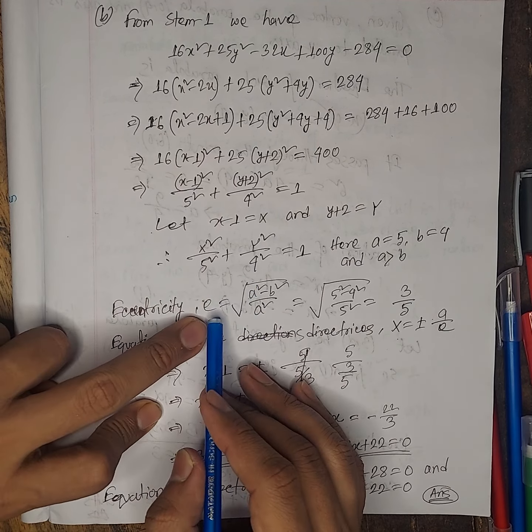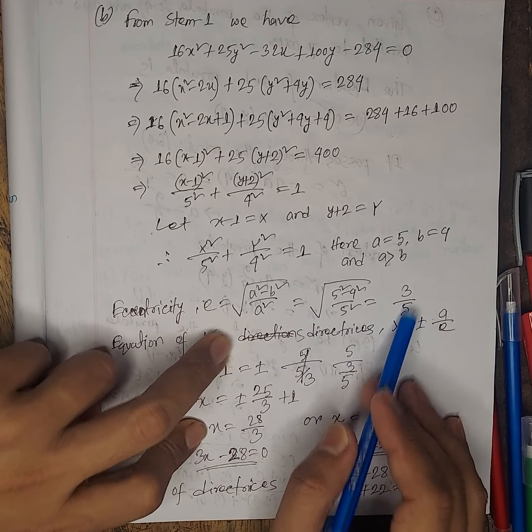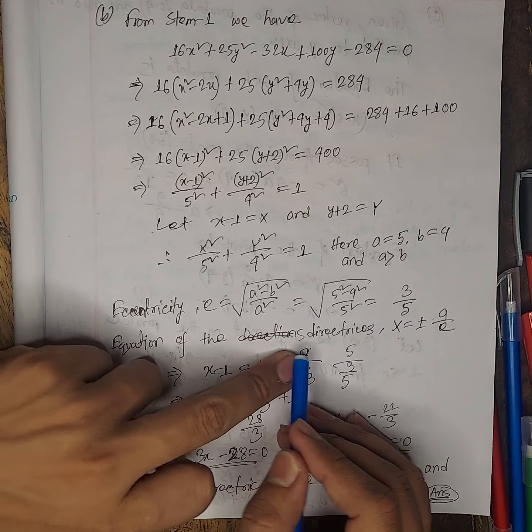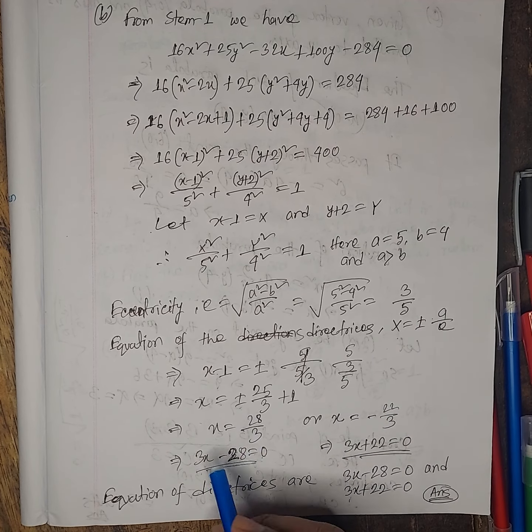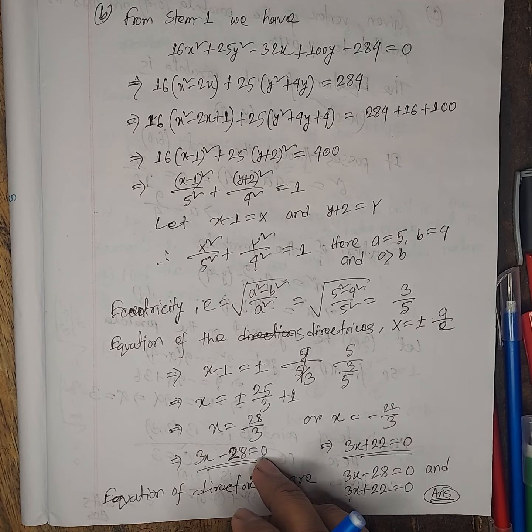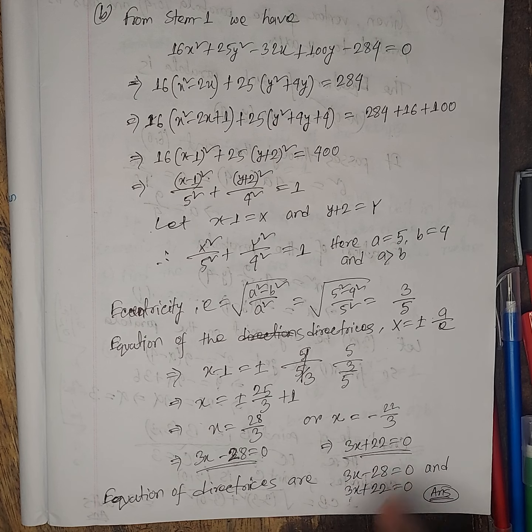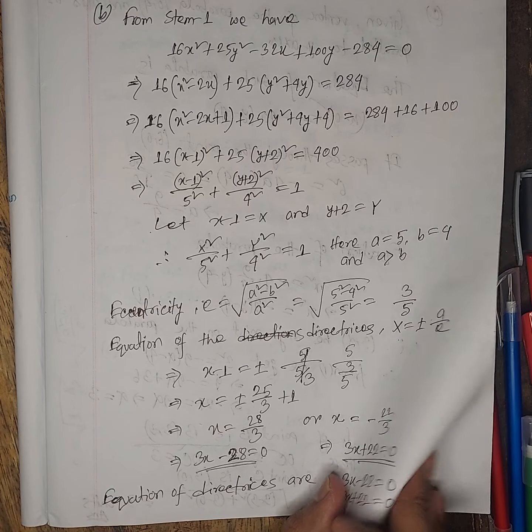Then we get the eccentricity here, 3/5. So the equation of the directrix is x equals plus or minus a/e, from where we get two equations: 3x minus 28 equals 0 and 3x plus 22 equals 0. These are the equations of the directrices.